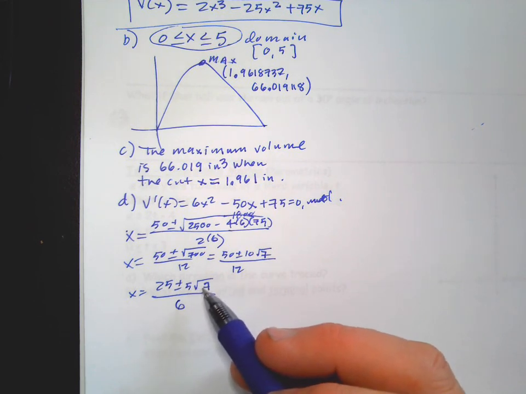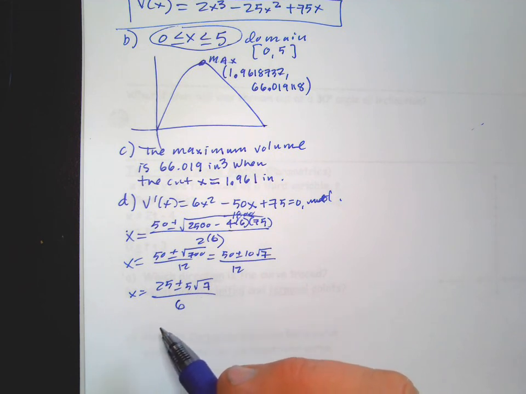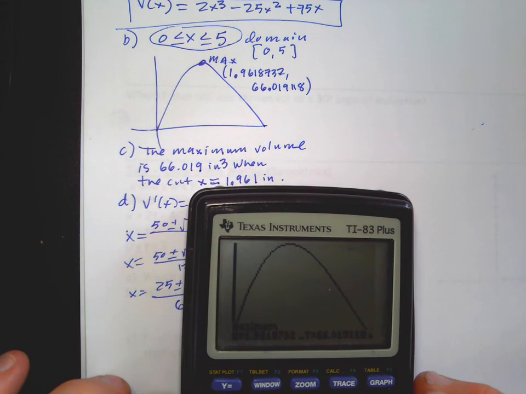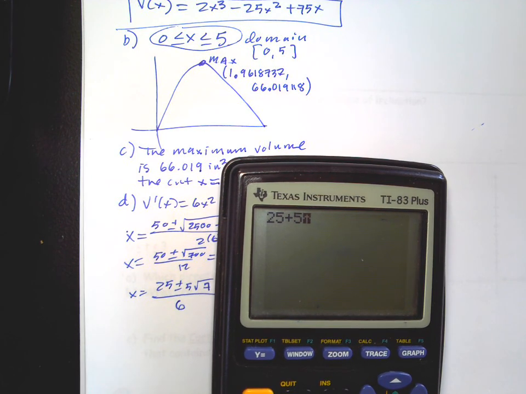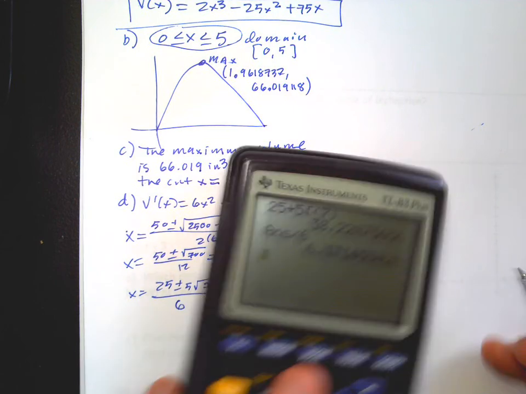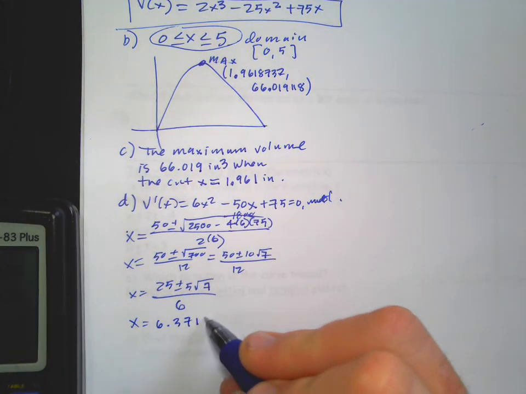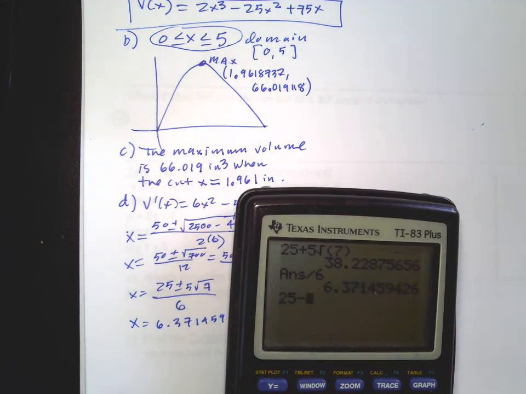Well, square root of 7 is like 2 point something. Let's just put these in our calculator. 25 plus 5 square root 7 divided by 6. So that's one of the answers. And the other answer is 25 minus 5 square root 7 divided by 6.